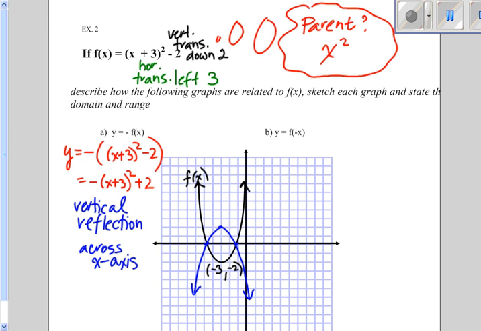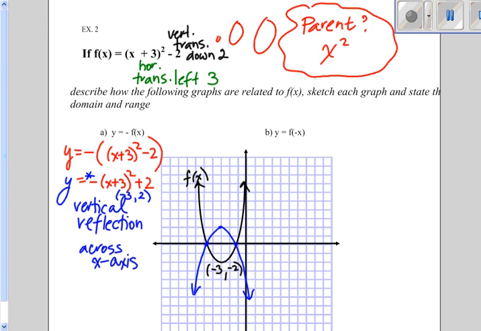Does that make sense for what we know about parabolas? Yes. This told me in grade 10 that I had an upside down parabola. This told me that the vertex was minus 3, positive 2, which is exactly what we're looking at.